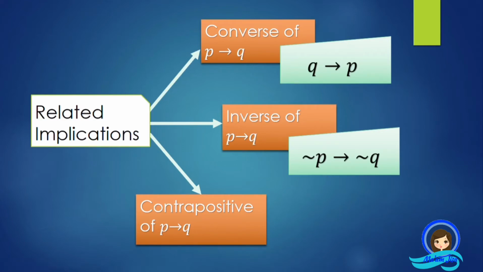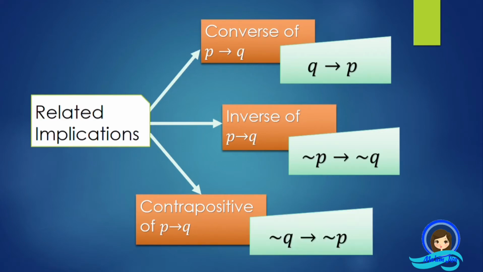While for the contrapositive of a conditional P implies Q, it is not Q implies not P. So you switch the position of the two propositions and negate them afterwards. So this is the converse, inverse, and contrapositive of a conditional proposition. And these three are its related implications.